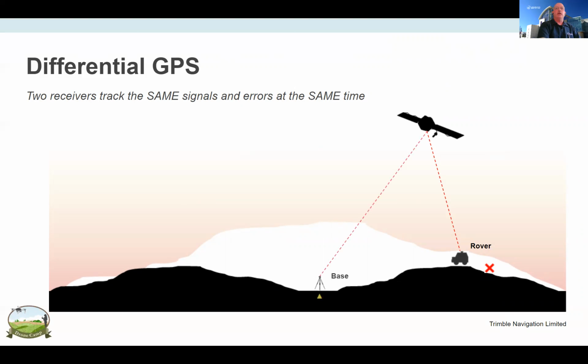But we also have a base station, and the base station is on a known location. It knows exactly where it is. We've put it over a place that we know the coordinates of, and we've told the base station what its coordinates are. But it's still looking at the satellite and saying, let's see what happens if I calculate my position based on the satellites.